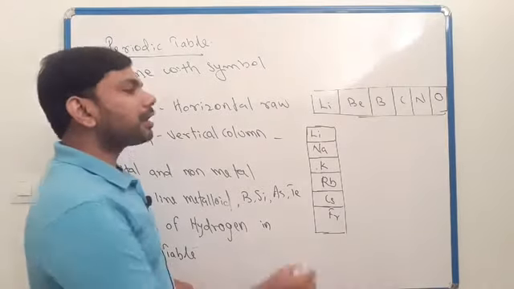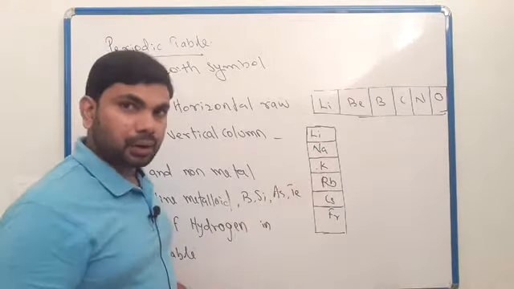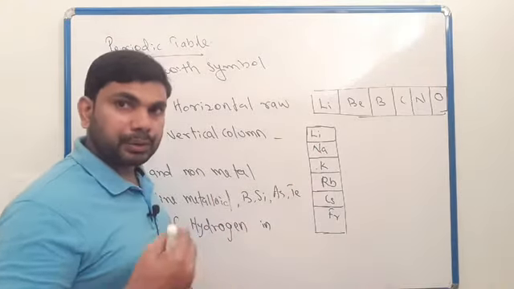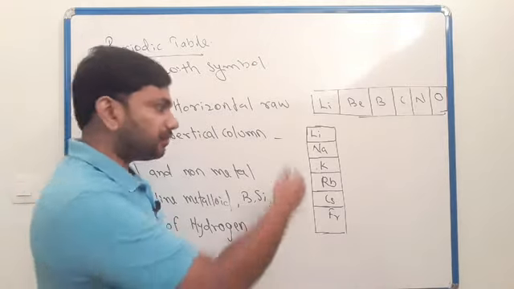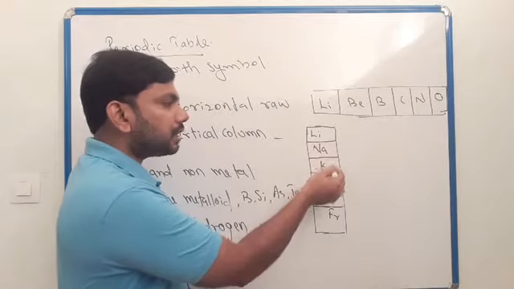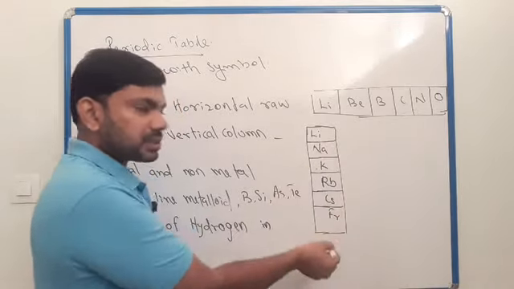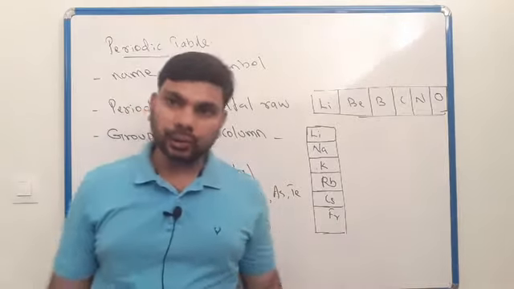Similarly, in the first group on the left side of the periodic table you can see lithium, sodium, potassium, rubidium, cesium and francium. This is a vertical column.